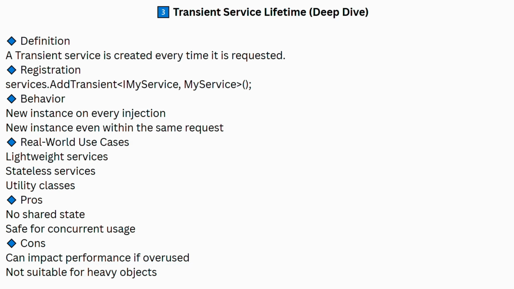Definitely, if you are injecting transient services at different levels in multiple places, then it will create a performance overhead. Why? Because transient services create objects that occupy memory on the server, and then your garbage collector releases the memory when your service is done, or your operation is done.